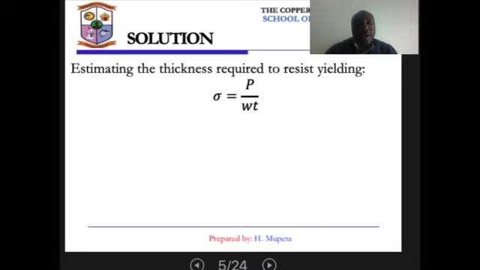This is given by the formula where sigma is equal to P divided by W times T, where sigma is the stress, P is the force, W is the width of the plate, and T is the thickness of the plate.